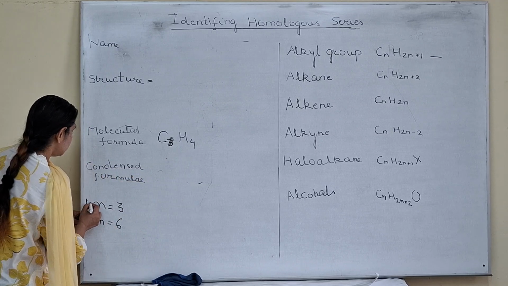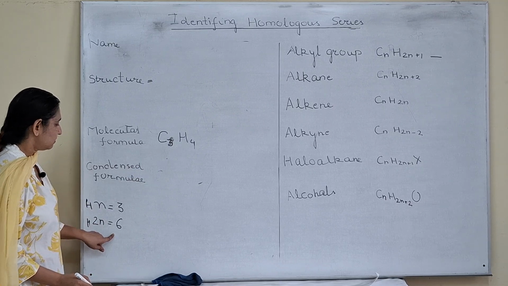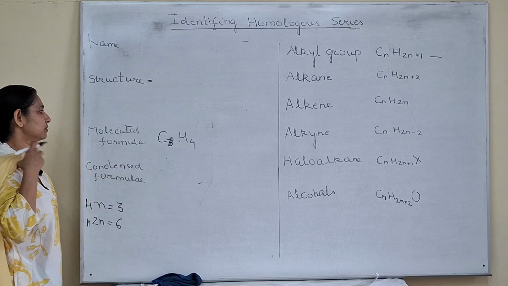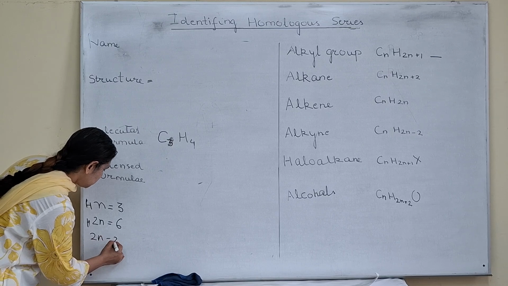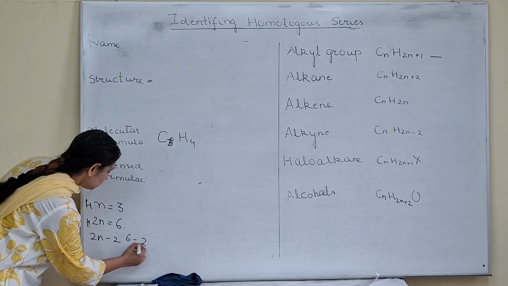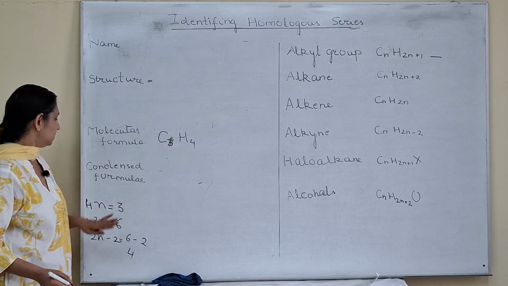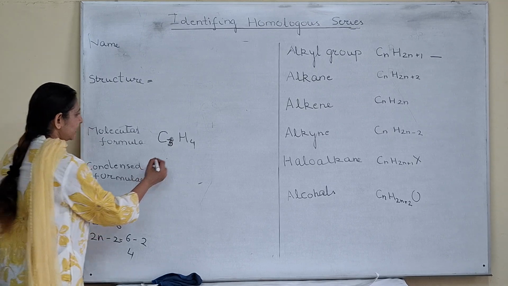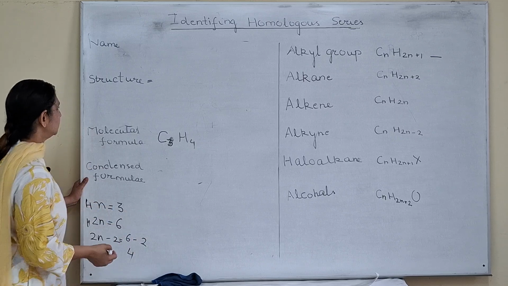These are hydrogen के numbers. So इसको और कम करना है हमें. 6 को we have to make it 4. जो actual compound है उसमें 4 है. So 2N minus 2 gives us 6 minus 2, which is equal to 4. So the hydrogen are confirming that ये सब ठीक है, and this is 2N minus 2. So just write the formula for this.